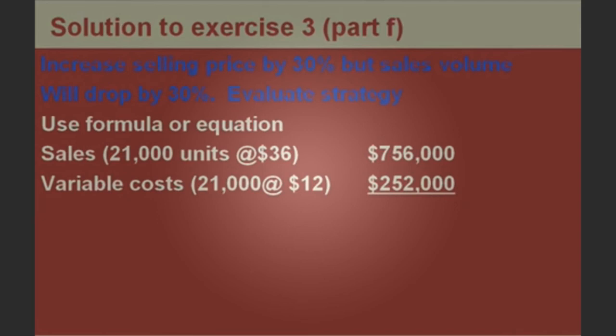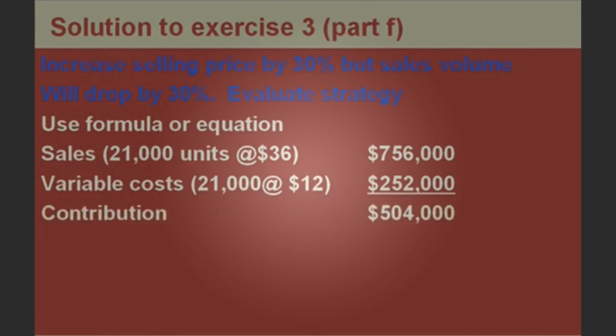Why did I say sales is 21,000 units? Because the original was 30,000, and they said if you follow this strategy, it drops by 30%. So 30,000 less 30%, which is 9,000, give you 21,000.